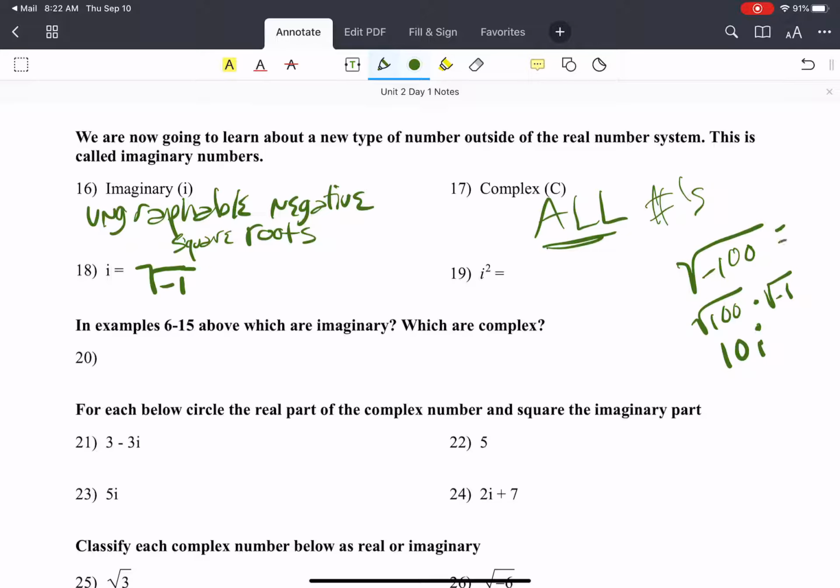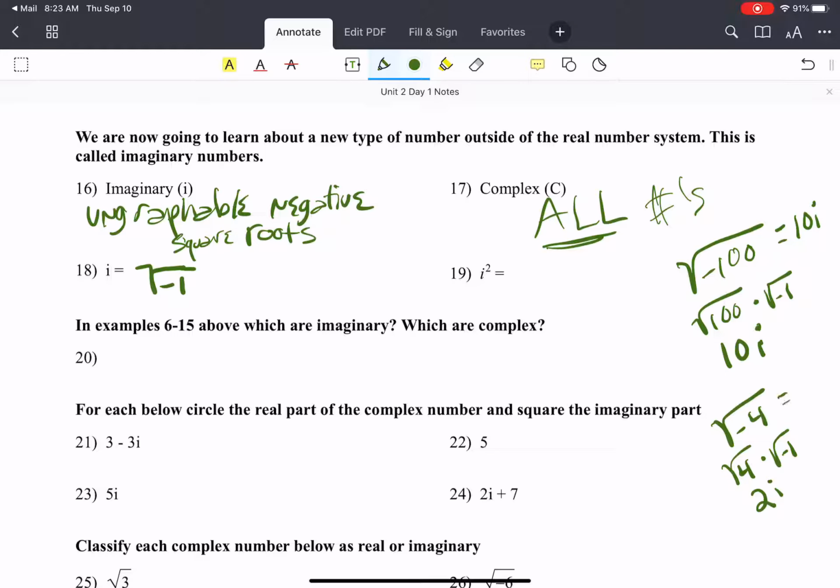So the square root of negative 100 is 10i. It's a new type of number. Let's do one more example. What if I had the square root of negative 4? I split that into the square root of 4 times the square root of negative 1. So 2i.